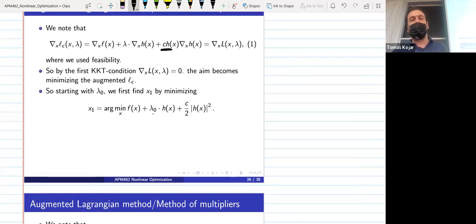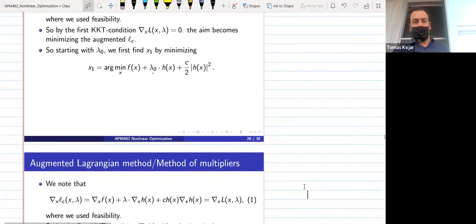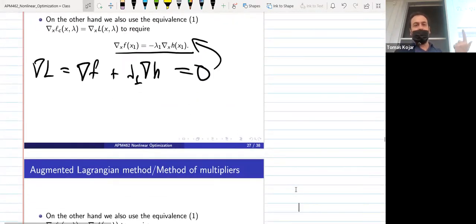So we added a penalty term. Then we said, okay, set this guy to 0 and solve it to get x1. So you start with the multiplier, you get your minimizer x1, and then you find your next lambda by using the stationarity of your original function. Okay, and that's the algorithm.